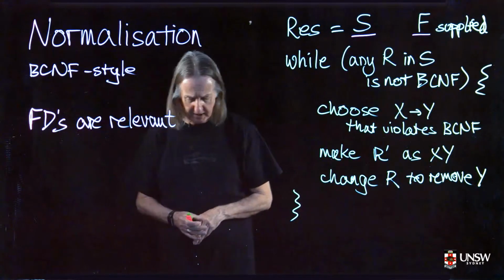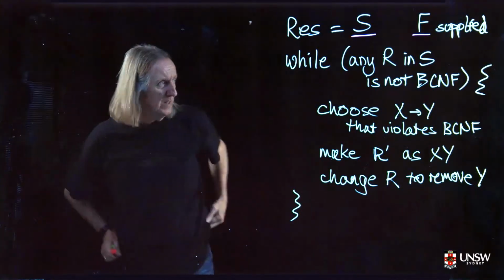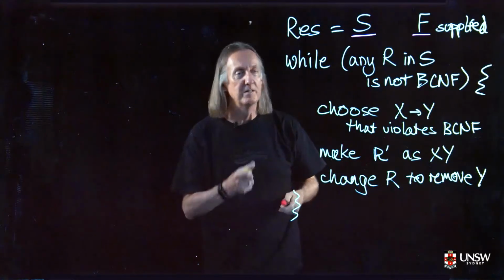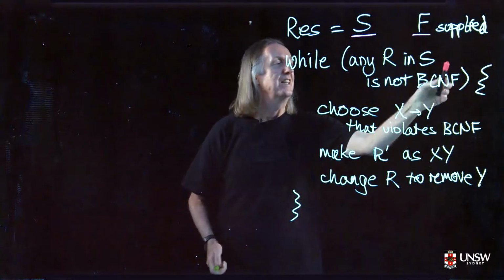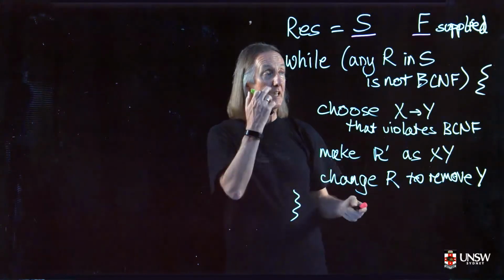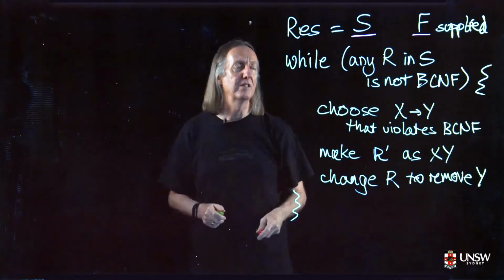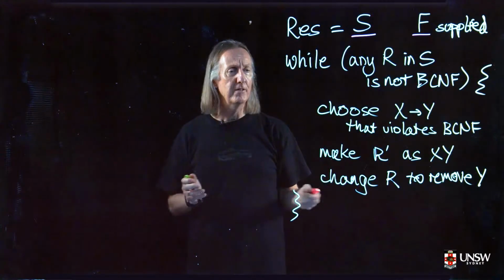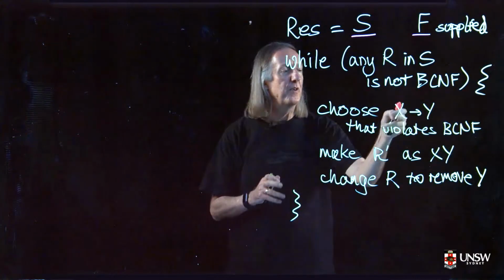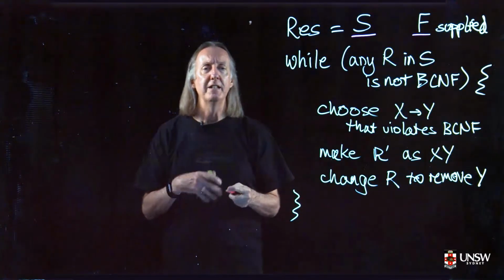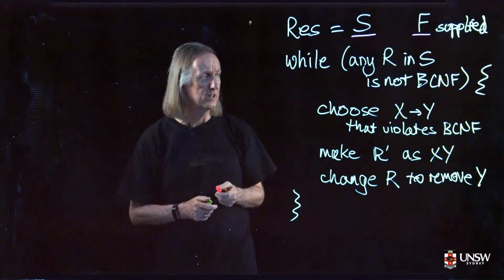Okay, so let's take a look at an example. I've been a little bit loose in this discussion here, and basically a schema or relation R isn't in BCNF if there's some functional dependency that doesn't have a complete key on the left-hand side.